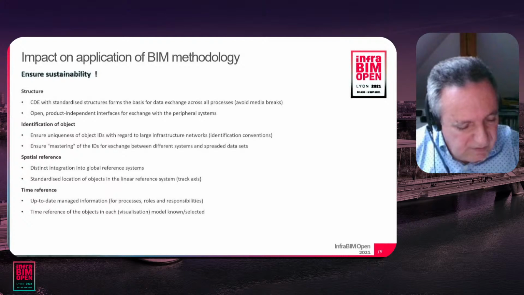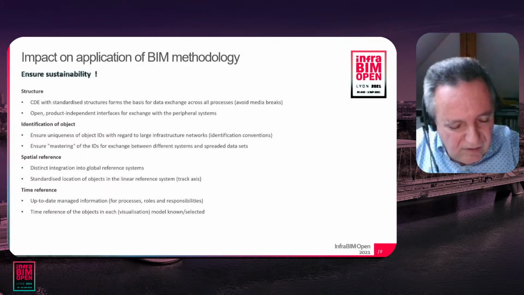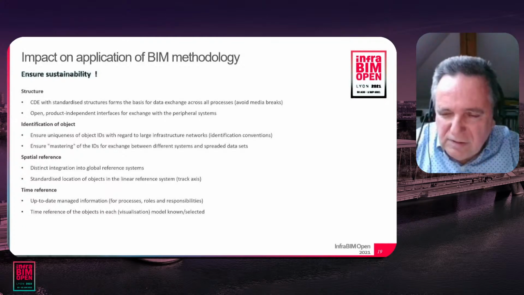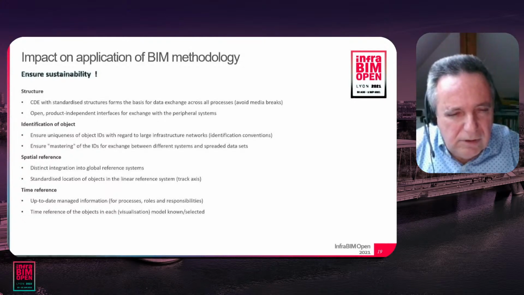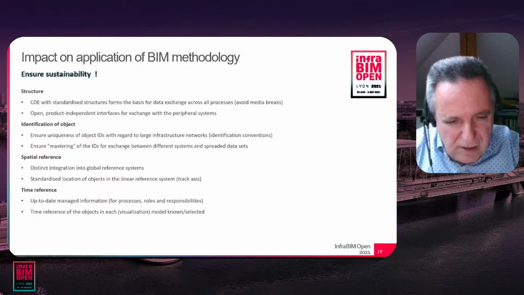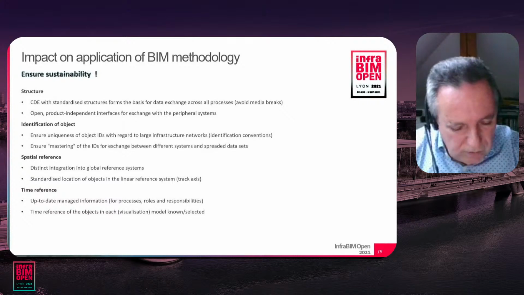For the spatial reference, we need a distinct integration into global referencing systems. I heard in other sessions that GIS and BIM are very important, and that's exactly for that, that we need this integration with the spatial reference.